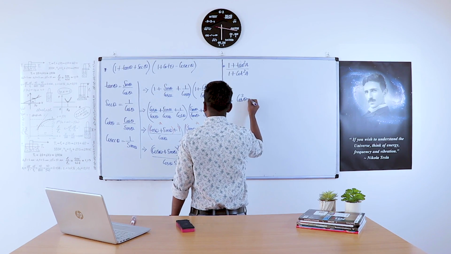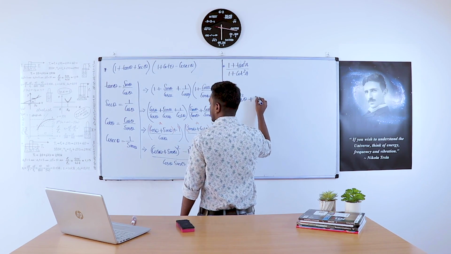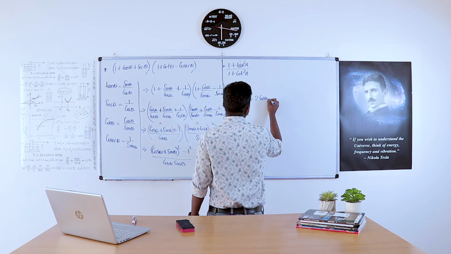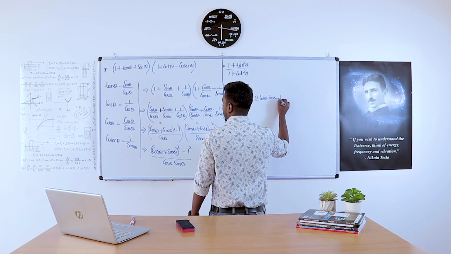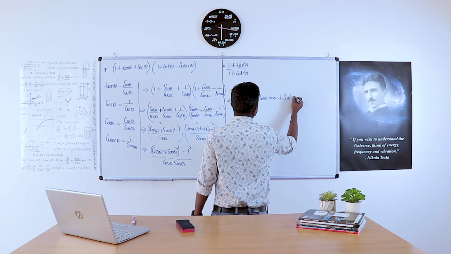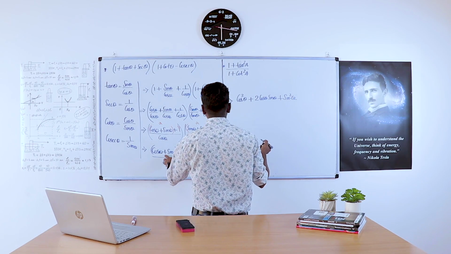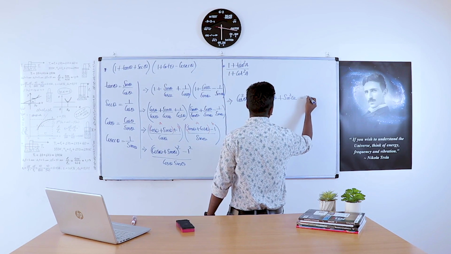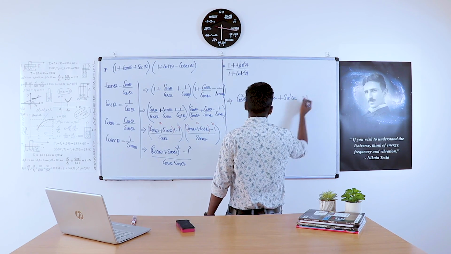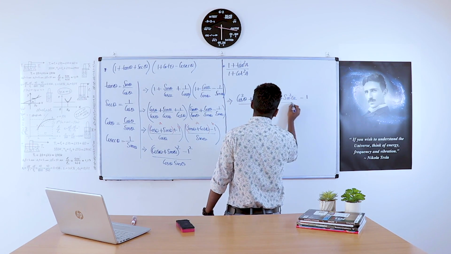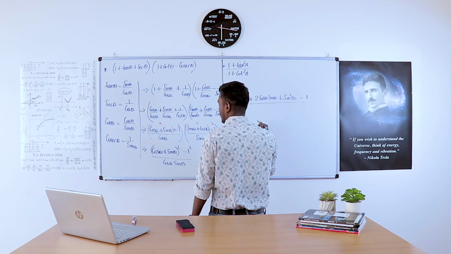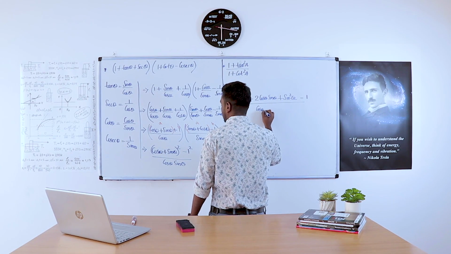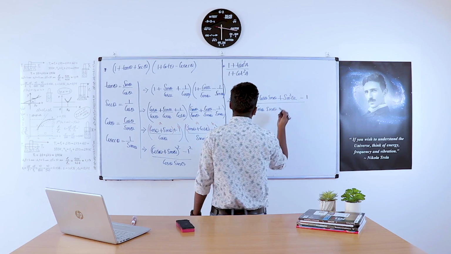Cos square theta plus 2 cos theta sin theta plus sin square theta, that is a square plus 2ab plus b square, minus 1, whole divided by cos theta sin theta.